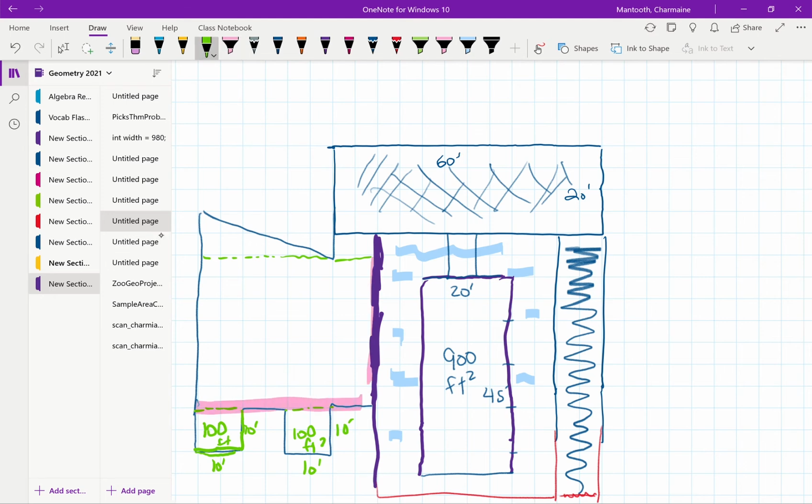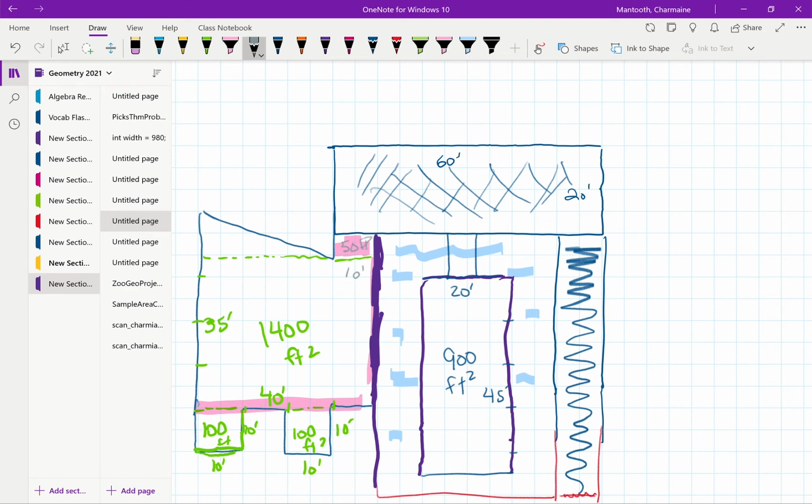It's going to be 10, 20, 30, 40 feet by 10, 20, 35 feet. Okay, and when I do 40 times 35, that's 1,400 square feet. I have plenty of area here already. I can't forget this little rectangle right here. So that is 10 feet by 5 feet, so that's 50 square feet.